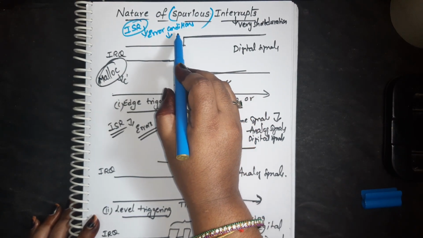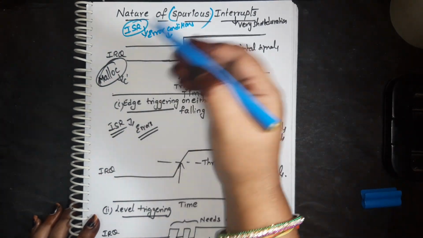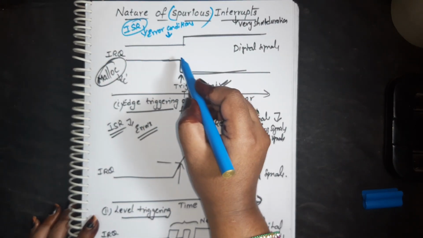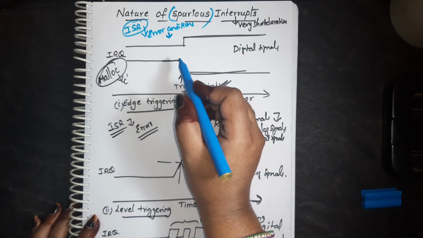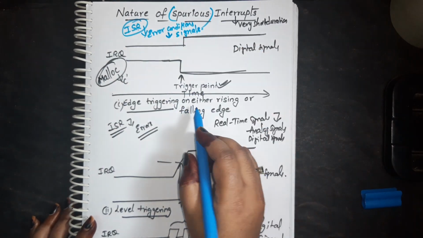For proper execution of the interrupt service routine instructions, it should define or generate some kind of signals.